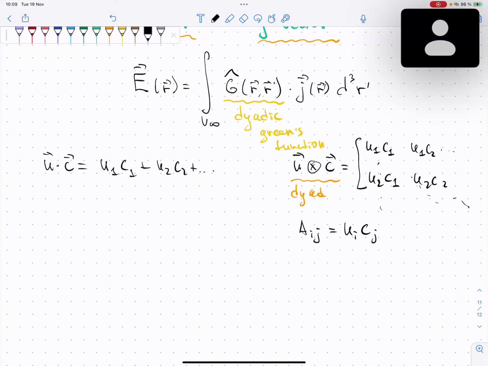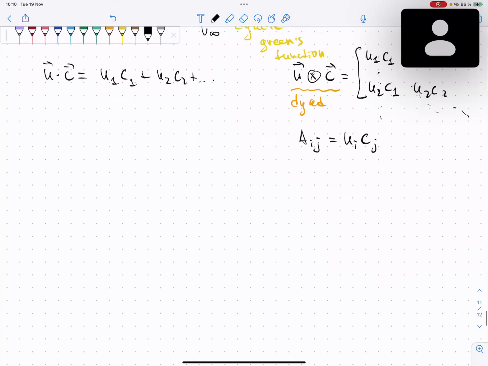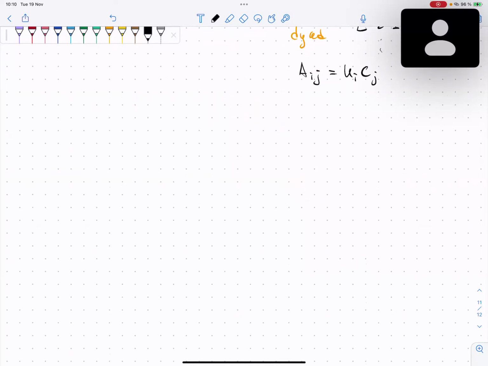We can even derive this dyadic Green function, but I will not derive it here. You can read about the derivation in some general way, about this dyadic Green function.